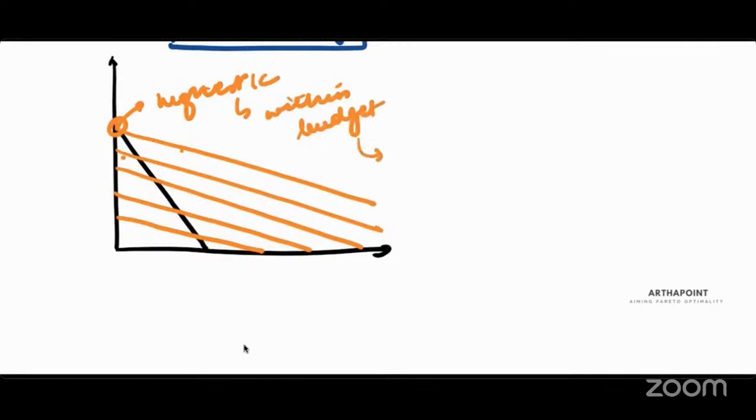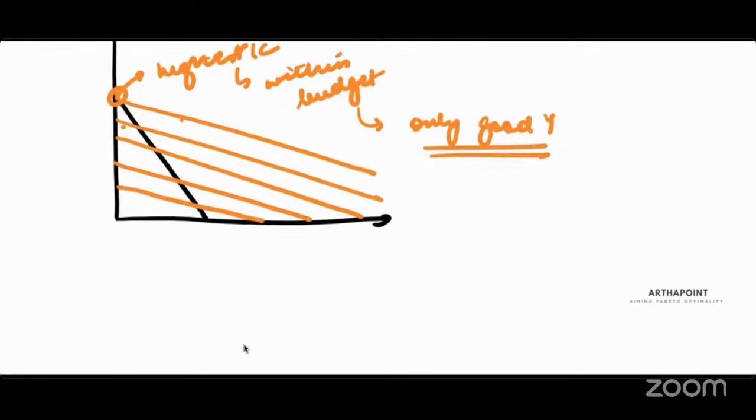And at this point, I'm consuming only good Y. So this is where Px by Py is greater than MRS XY. Budget line is steeper than the indifference curve, and you consume only good Y.